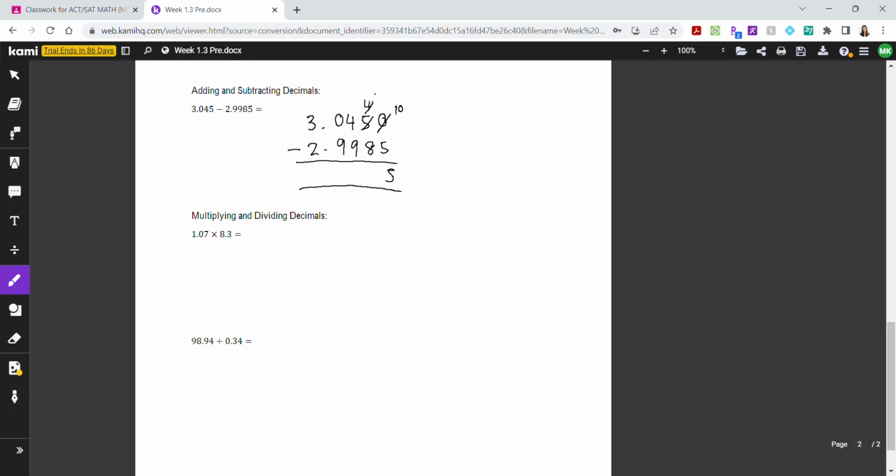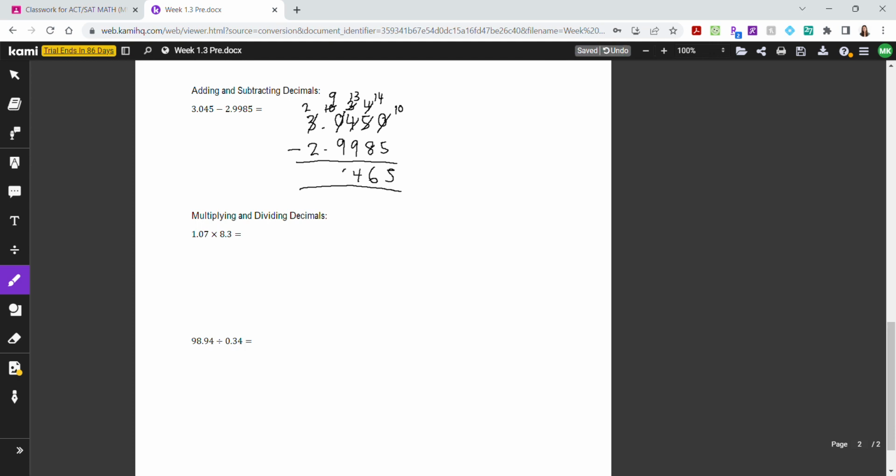Again, this needs to borrow 14, so 14 minus 8 is 6. 3 is too small, so we need to borrow, but we can't borrow from 0 because there's nothing, right? So that means we've got to borrow from here. This becomes 10, but because 3 needs to borrow from something, we borrow from the 10 now. So this becomes 9. This becomes 13. So 13 minus 9 is 4.